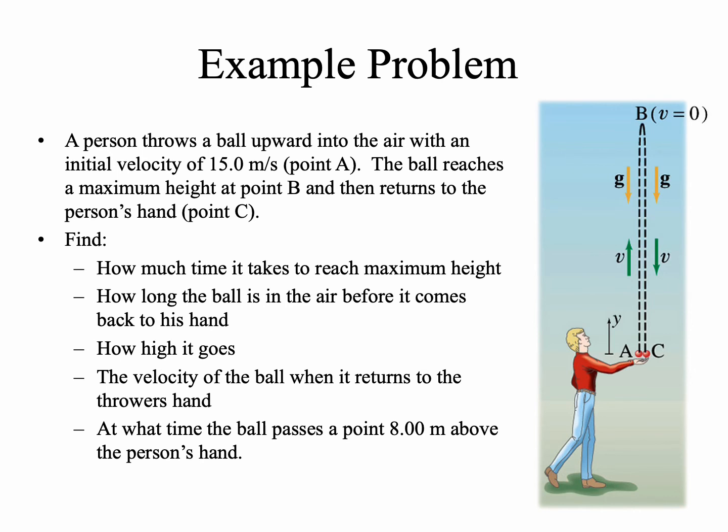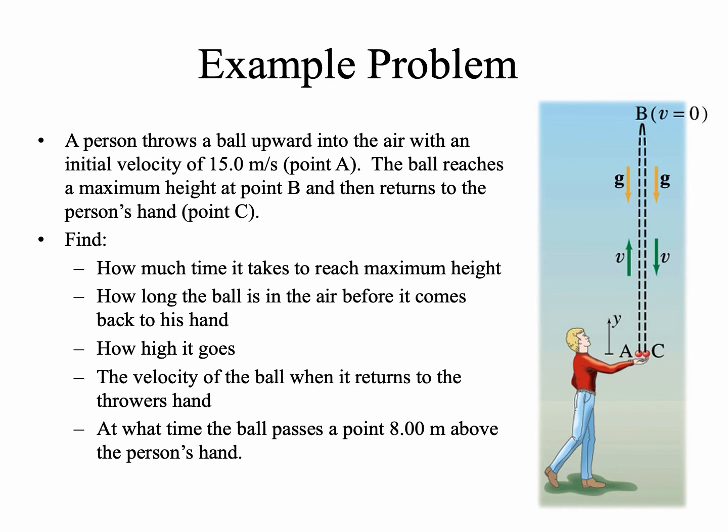So we want to know how much time it takes to get to point B. And then we want to know how much time it takes the ball before it comes back to the person's hand at point C. Okay, with those two numbers in hand, I want to know how high it goes. What is the vertical position? I'll call that y. As I said, we're going to take our constant acceleration equations, and to every place we see an x, we're going to write a y.